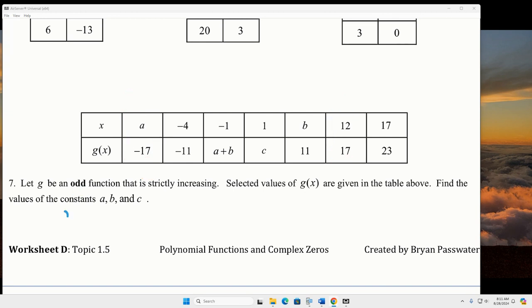That's what happens on an odd function. All right, and let's find b. So here's b. This is 11, so we're going to look for -11. So this needs to be the opposite of that value. So b is going to be 4.